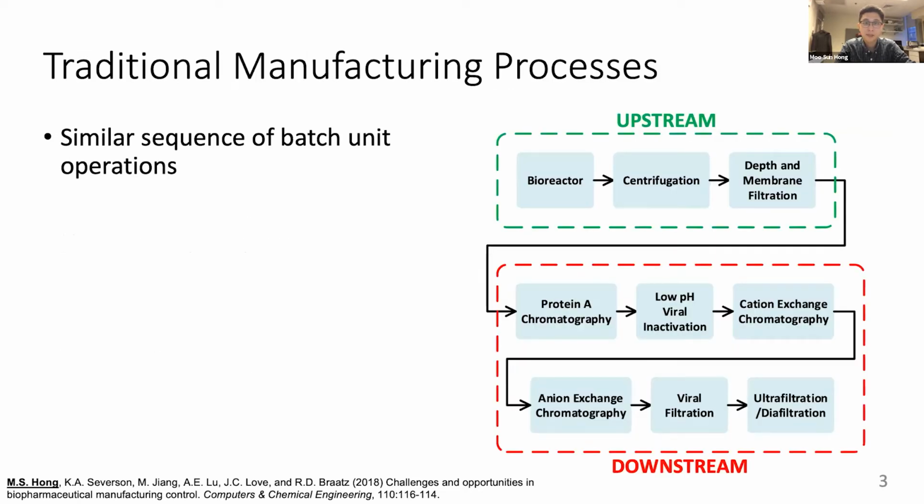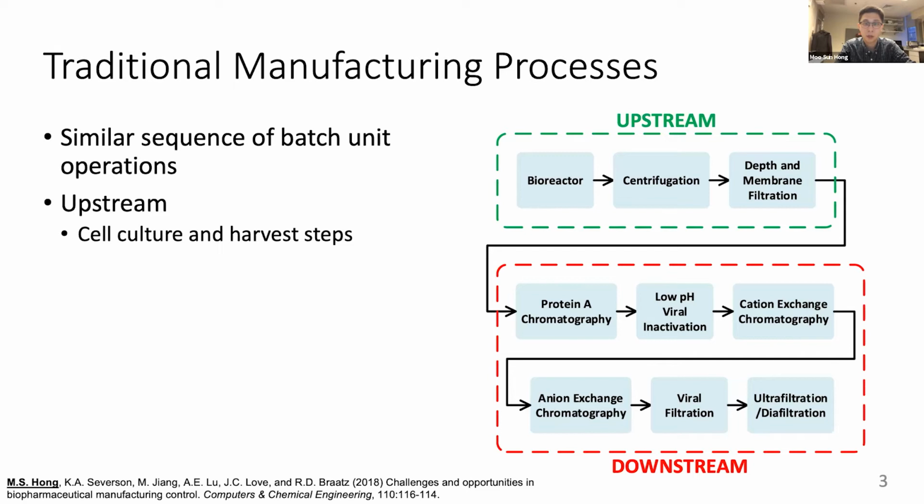The figure in this slide shows a process flow diagram for a typical platform that is used for producing monoclonal antibodies. And monoclonal antibodies are the highest selling class of biopharmaceuticals. This traditional biopharmaceutical manufacturing consists of a similar sequence of batch unit operations that are divided into the upstream and the downstream.